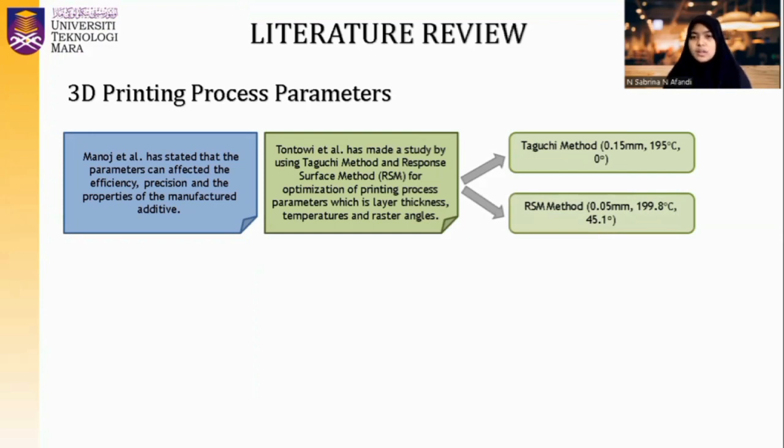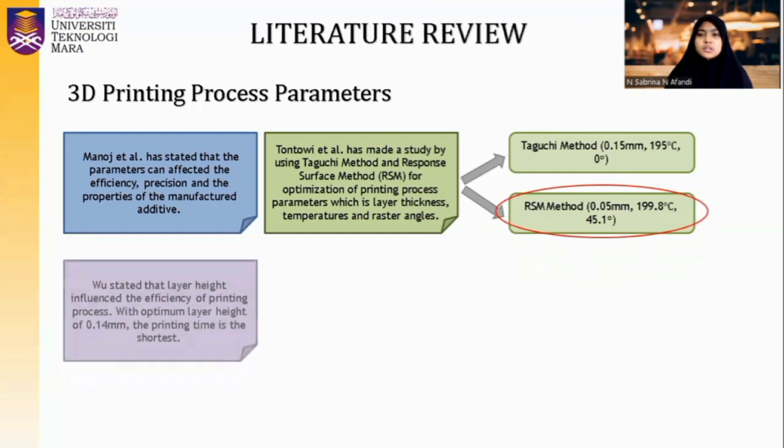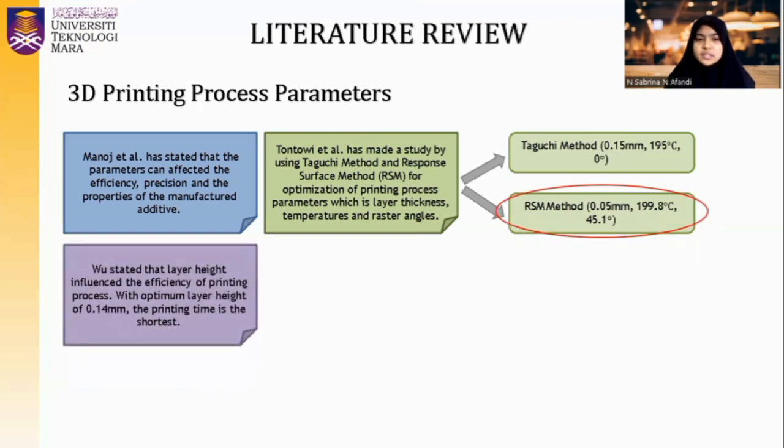For RSM method, layer thickness, temperatures, and rest angles for the optimal result is 0.05 millimeters, 199.8 degrees Celsius with 45.1 degree respectively. So, the comparison, RSM method is the best between Taguchi and RSM.